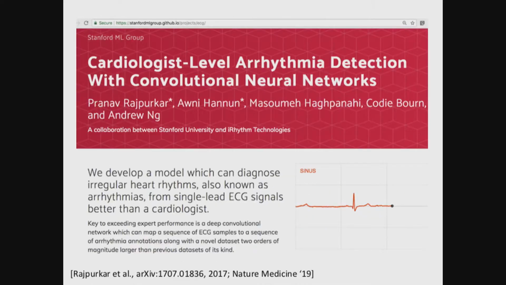So flip forward now to this year, and the article that you read in your readings in Nature Medicine, where the Stanford group now showed how a convolutional neural network approach, which is in many ways extremely naive, all it does is take the sequence data in, makes no attempt at trying to understand the underlying physiology, and just predicts from that, can do really, really well.